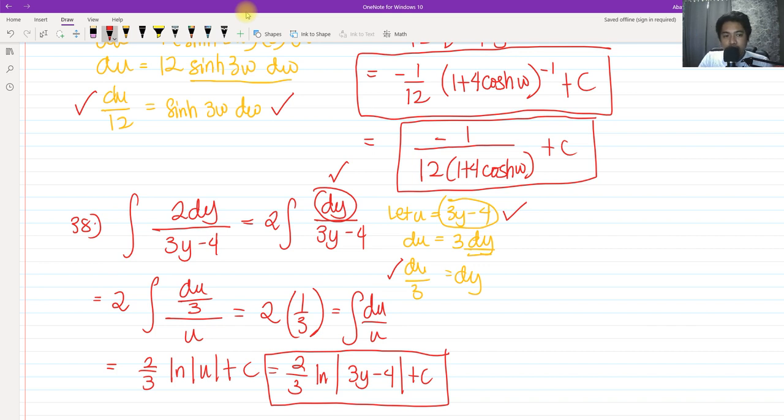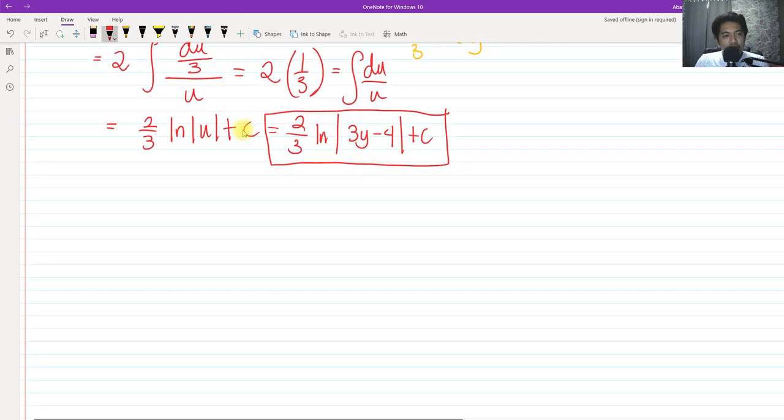Okay. So for number 39, the second to the last problem that we have today, we have the integral of x squared dx all over x cubed plus 4. Well, of course, if we clearly look at the integral, this has a cube and this has a squared.